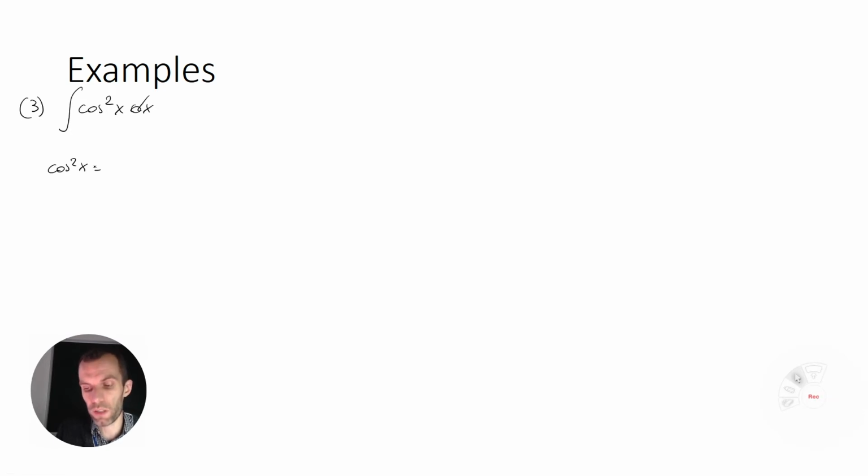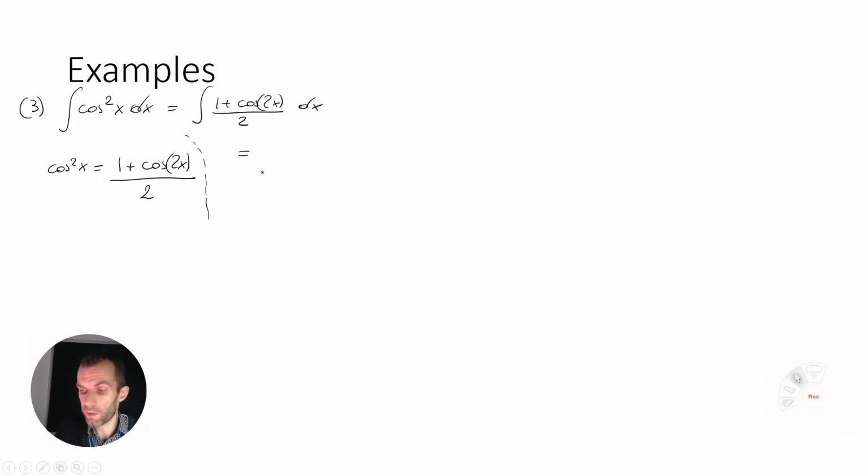So cosine squared x is 1 plus cosine 2x divided by 2. So the integral becomes the integral of 1 plus cosine 2x divided by 2 dx. So if you don't remember this formula, have a look back at trigonometry. All of these formulas will come in handy here.